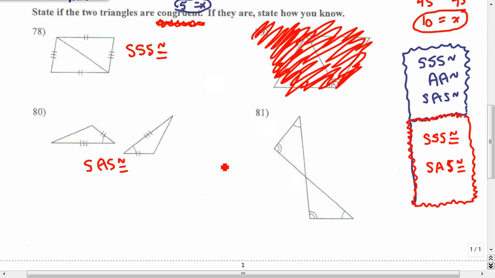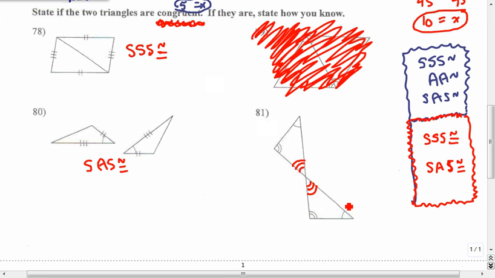Now in problem 81, we only have information about what? We have 2 angles. We also have information about the third pair of angles because they're what kinds of angles? Vertical angles, and vertical angles are always what, Manny? What do we know about vertical angles? They're always congruent. Very good.